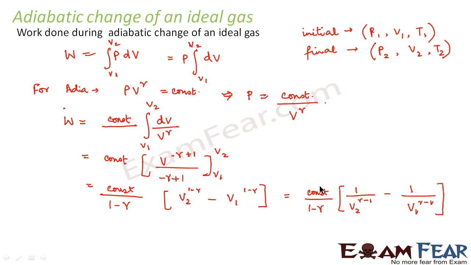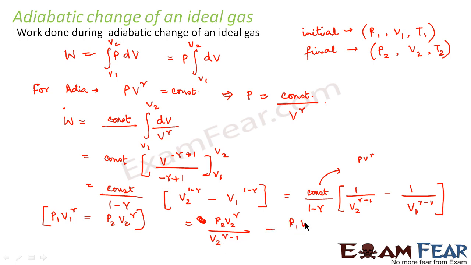Now we know that this constant is nothing but PV to the power gamma. So we can say that P1 V1 to the power gamma is equal to P2 V2 to the power gamma, right? So the same expression can be written in this way. Instead of this constant I can write P2 V2 to the power gamma divided by V2 to the power gamma minus 1, minus P1 V1 to the power gamma divided by V1 to the power gamma minus 1 inside the bracket, and I keep 1 minus gamma outside.